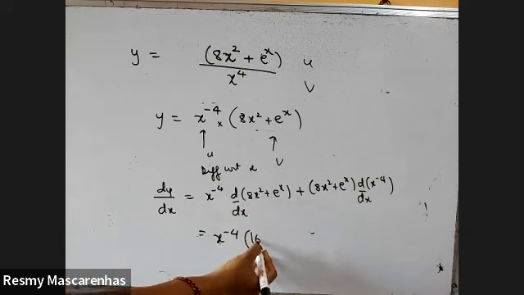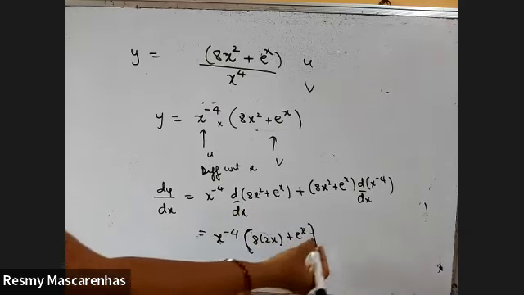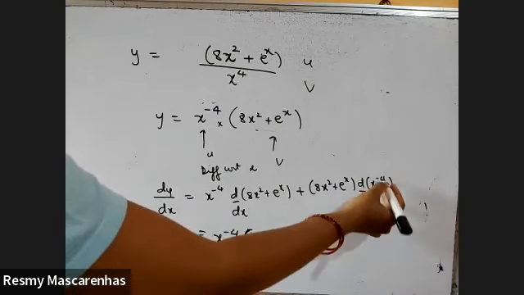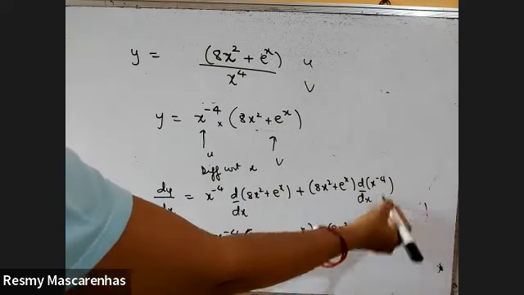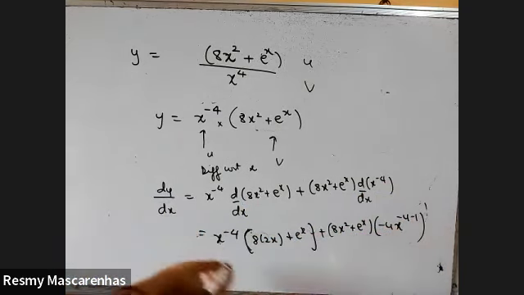This will be 16x, or you can take 8. Derivative of x square is 2x. Derivative of e raised to x is e raised to x only. Derivative of minus 4 is minus 4, x raised to minus 4 minus 1.